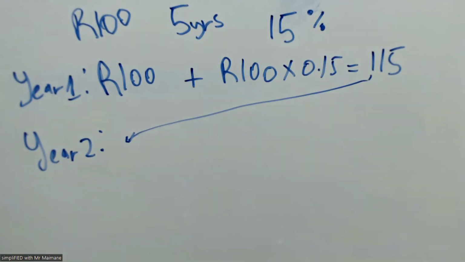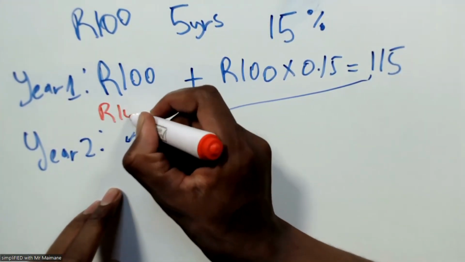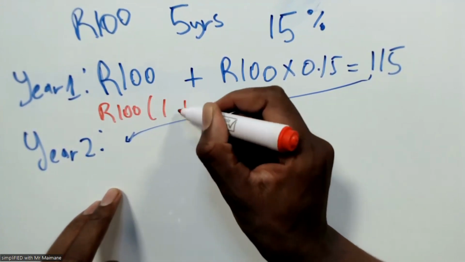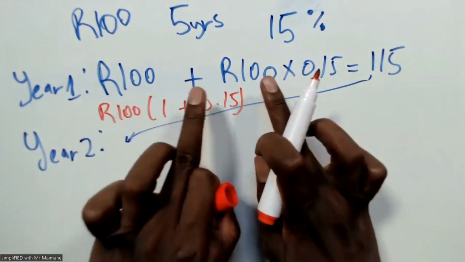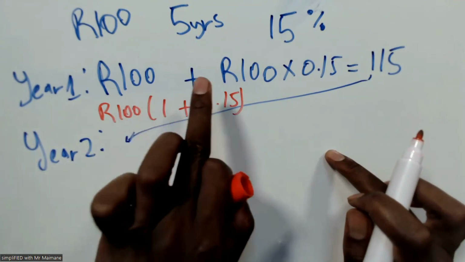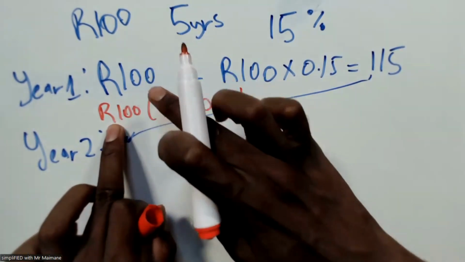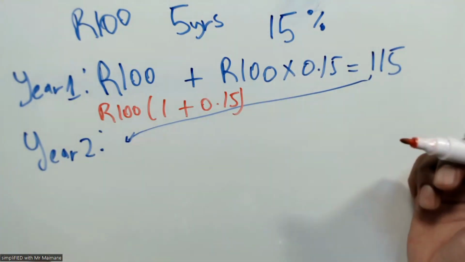But you already know that if you were to take a common factor here, you would get 100 times (1 plus 0.15), specifically for this one only. If I take a common factor out, I would get 100 out, where there was 100 here I would have 1, and then 0.15 for the other one, right?